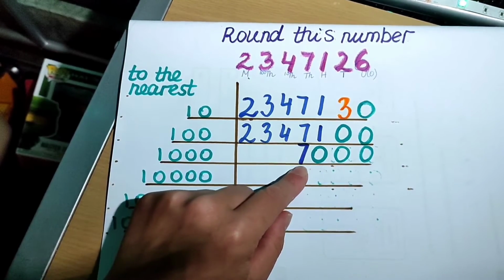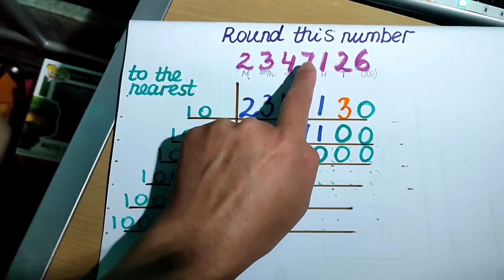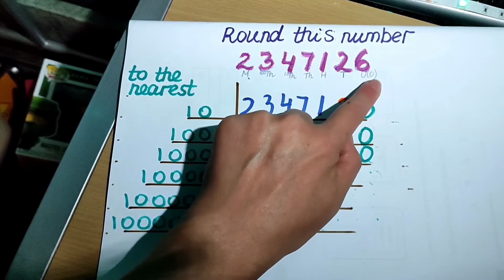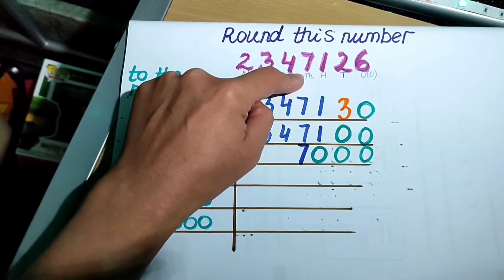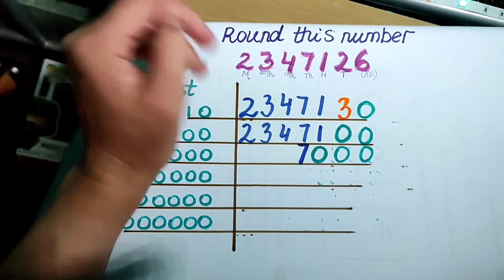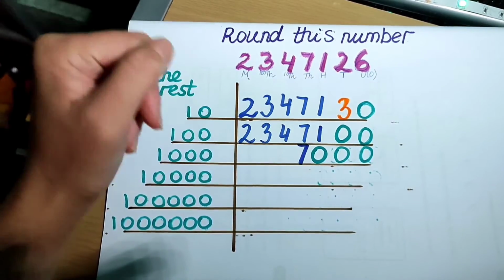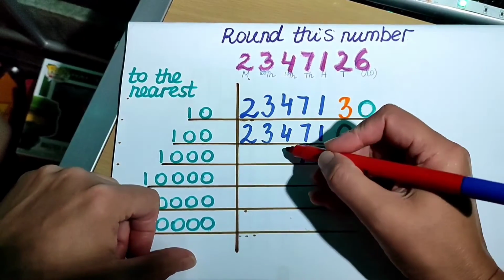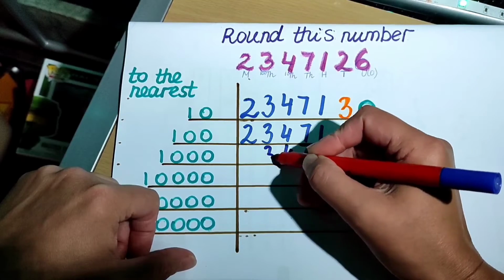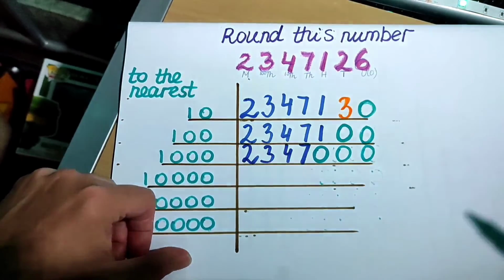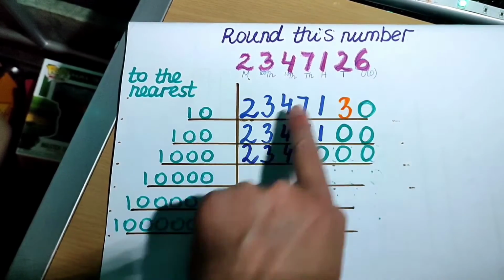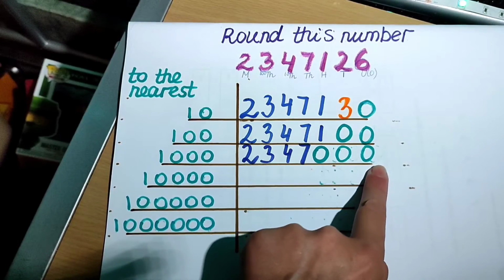In other words, you can ask yourself a question: is 7,126 closer to 7,000 or is it closer to 8,000? Well, it's obvious that it's closer to 7,000. Okay, so the rest of the numbers are the same. So now we rounded our original number to the nearest 1,000.